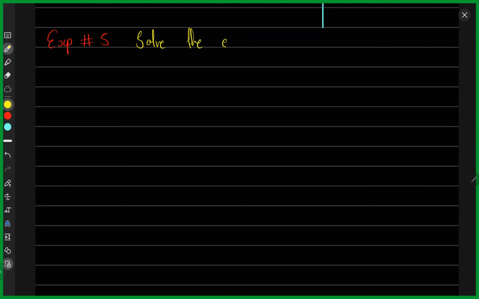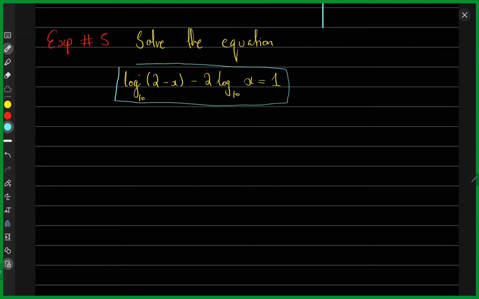Solve the equation log base 10 of (2 minus x) minus 2 log base 10 of x equals 1. This is the question.